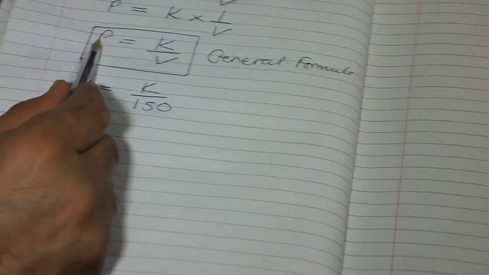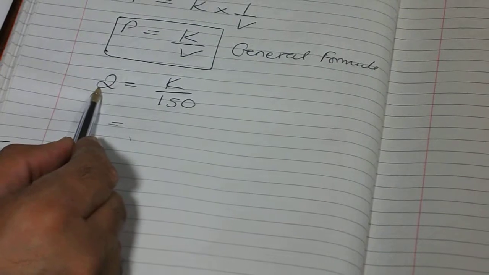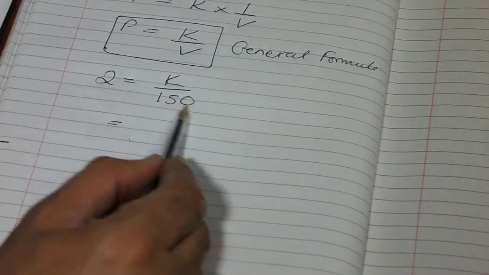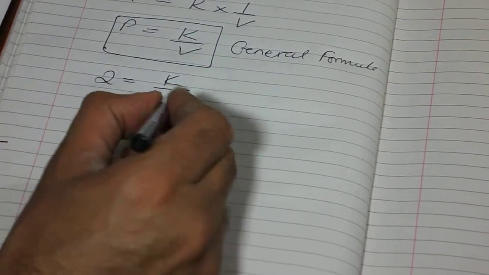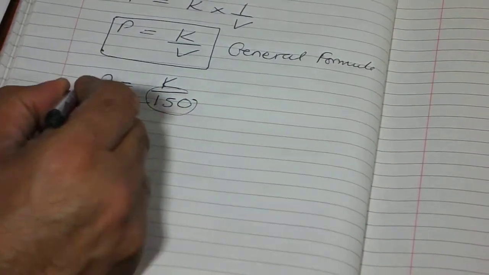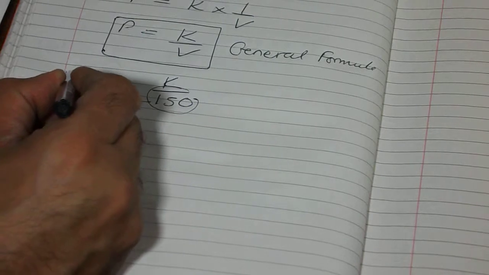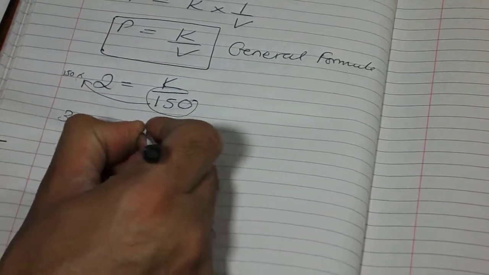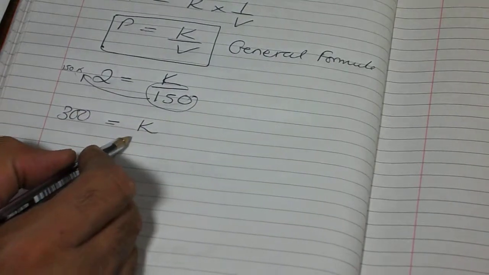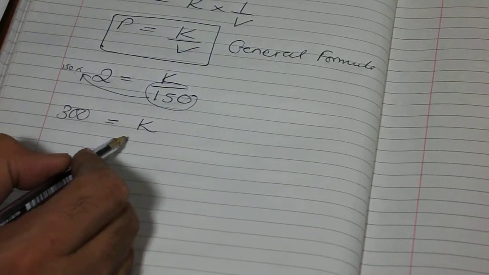So the pressure is 2 bar, that's the information given in the question. The volume at that pressure was 150, so they've given us enough information to work out the value of K. So we said opposite divided by 150 is times by 150, so opposite divide is times. So we have 300 is equal to the value of K, K being the constant of proportionality for this particular question.